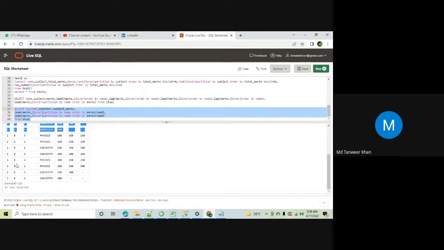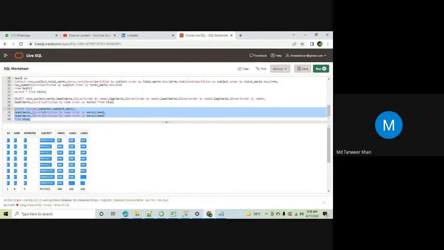All the B are in the second partition. Now in this partition, then order by marks. Now you see in A, all the marks are in ascending order, right? And then it is shifted by one place in lead one, two places in lead two. So lead is just when you want to shift the data one place above the current position. And of course, you can use partition by, order by, whatever you want.